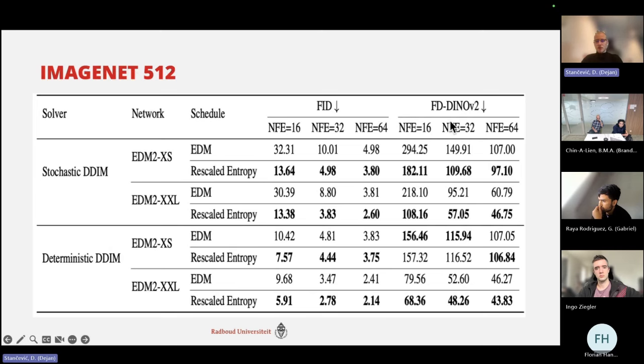Although for FDD, they can get close for this small model. Especially with stochastic DDIM, I'm not sure which one, but I think we were able to beat the second order result for FDD. Again, you can find it in the paper.